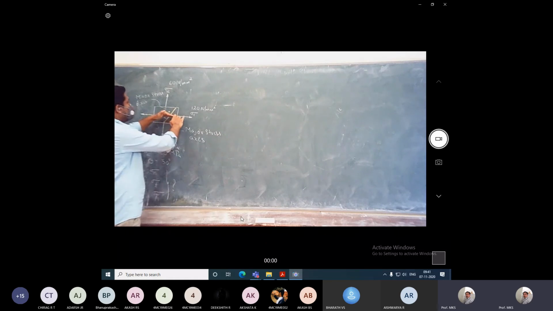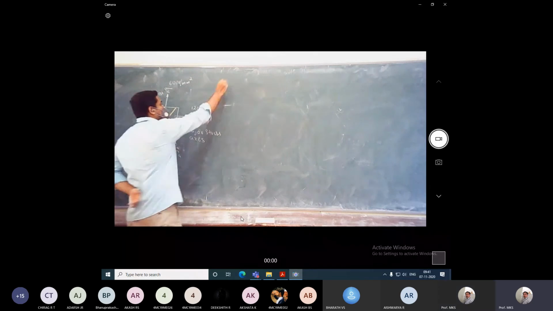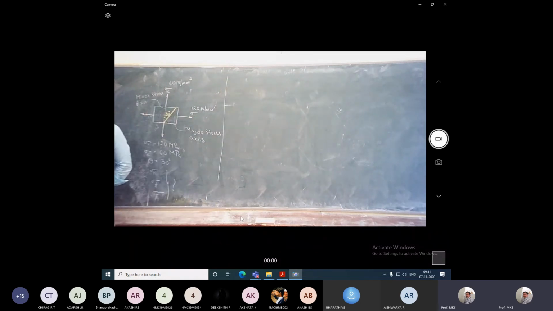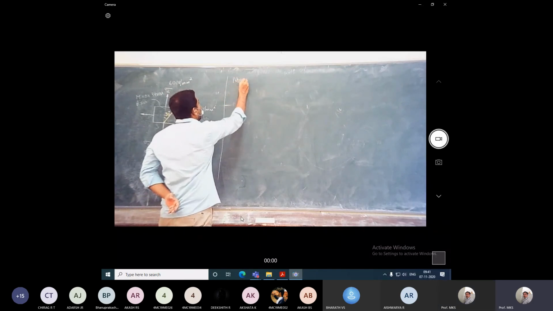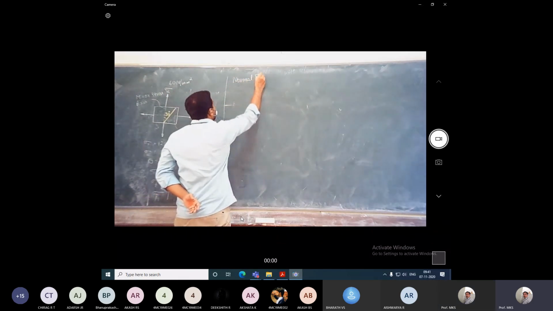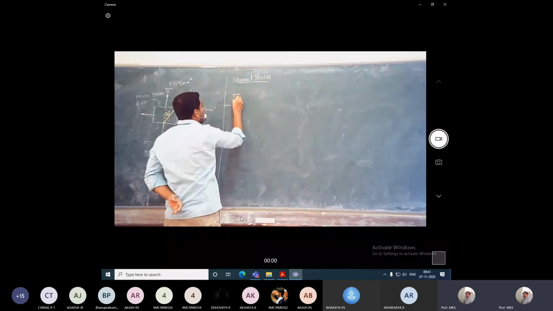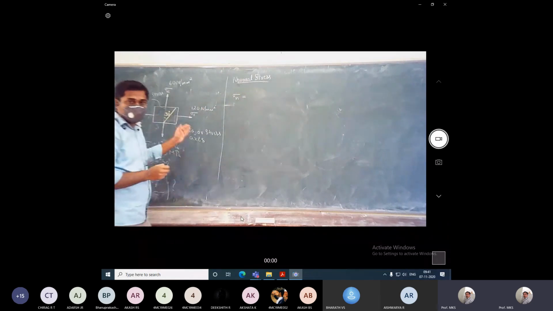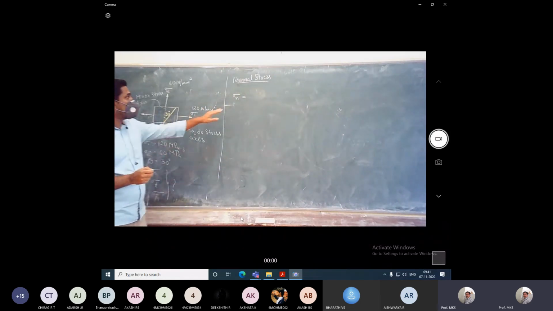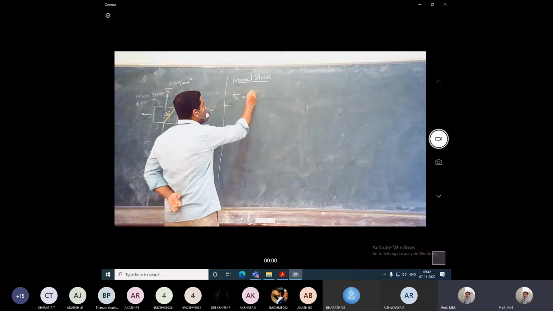Here only two stresses are acting, one in the x direction, another in the y direction. So can anyone tell the equation for normal stress? What we derived, for biaxial stresses, second derivation, sigma n is given by what?